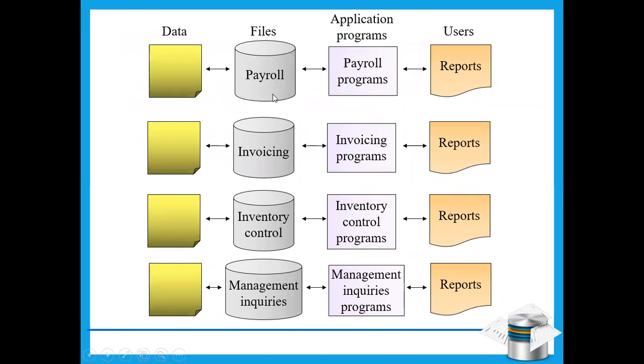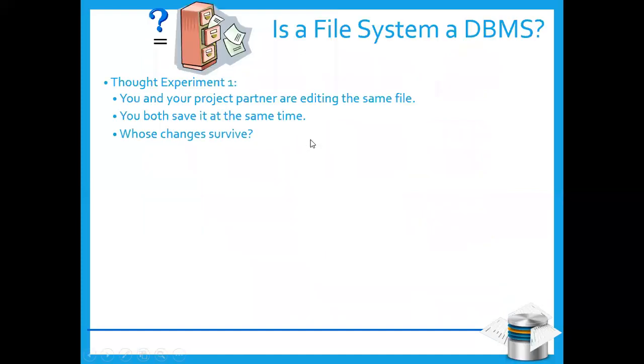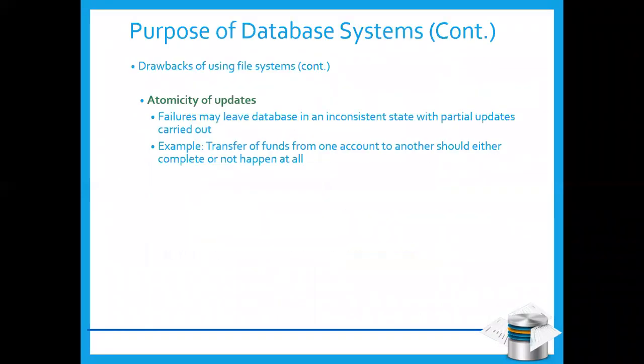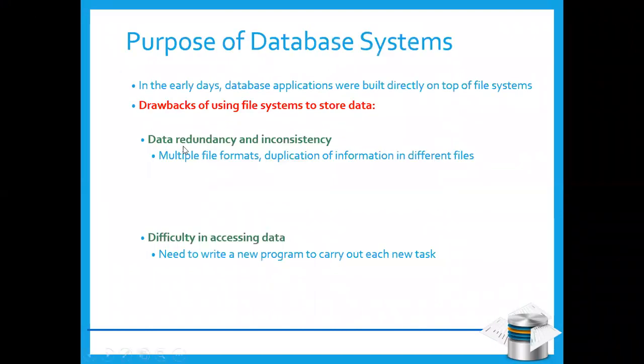The same details will be there even in the management inquiry, which means it is a repetition or duplication of data. But in the database system approach, the same set of data can be used for different applications. So that is the main disadvantage of file systems, data redundancy.